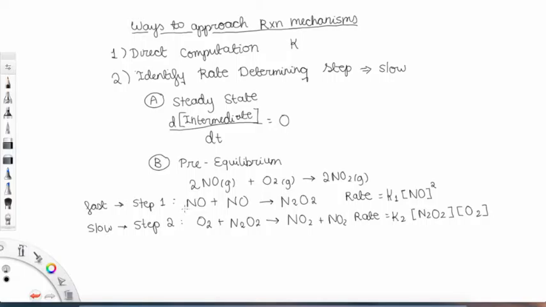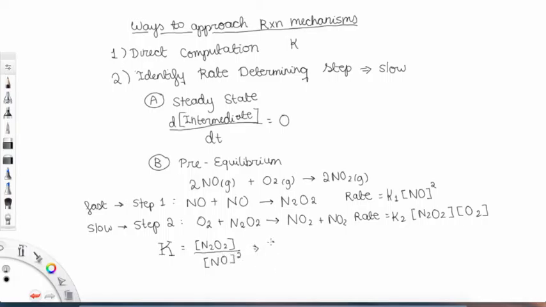And so from here, we can write it as the equilibrium constant. And remember, I talked about the difference between the equilibrium constant and the rate constant, right? Big K and little k. So we can write the equilibrium constant as [N2O2], which is the product, over [NO]^2.